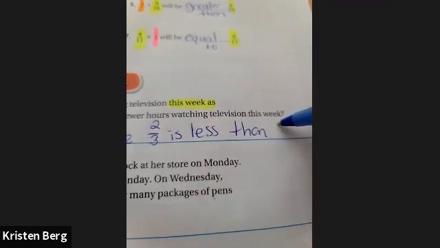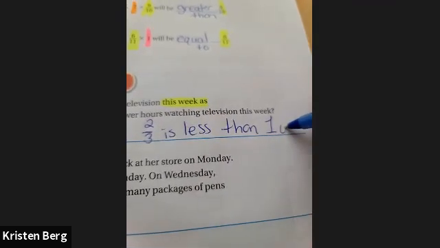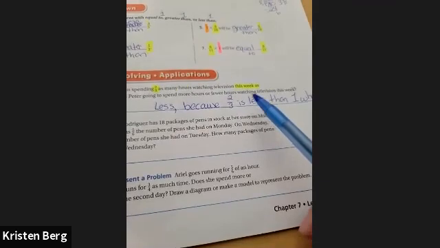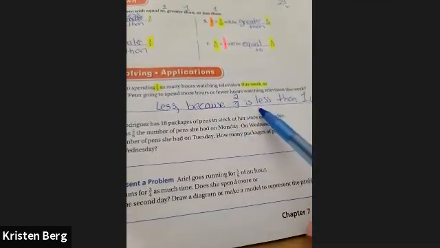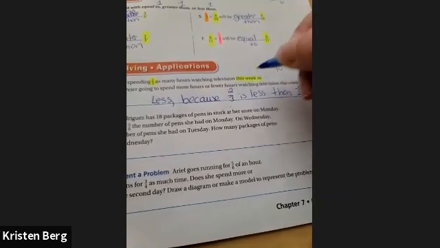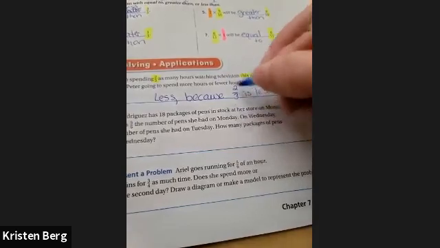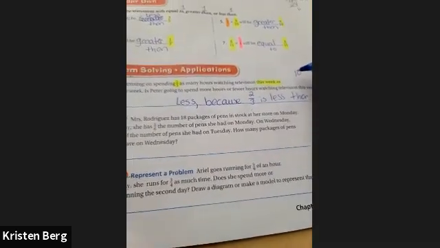Whatever amount of hours that you watched last week, if you're multiplying it by 2/3, it is going to be less than that many. So say you watched 10 hours last week, 2/3 of 10 is going to be less than 10, because you are multiplying by a fraction that is less than 1.